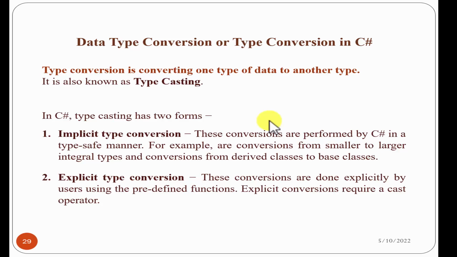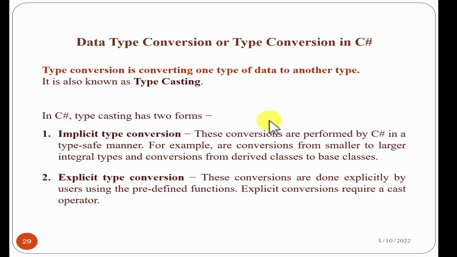Char is a different format, but byte, short, int, long, these four are all integer type data types. So if you are putting any small data size value into a big data type variable, you don't need any type conversion. It will be handled automatically by the system.